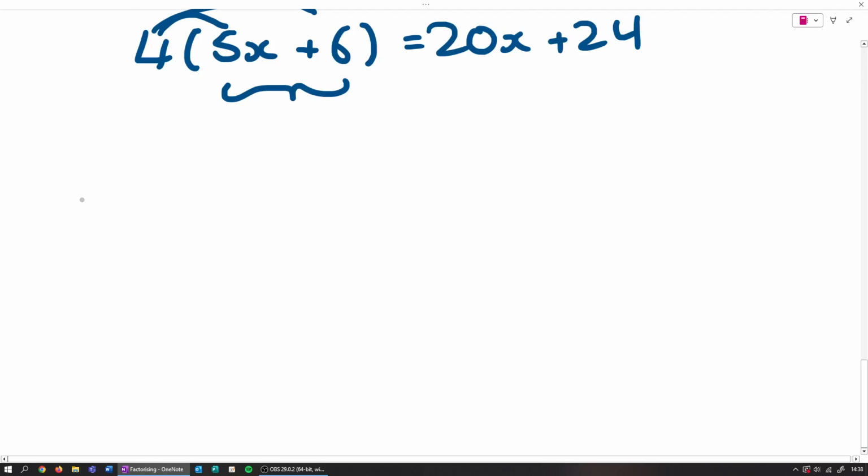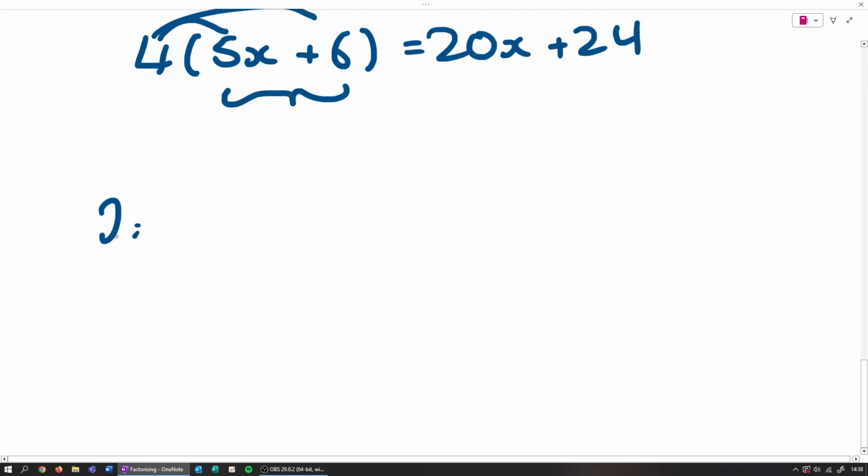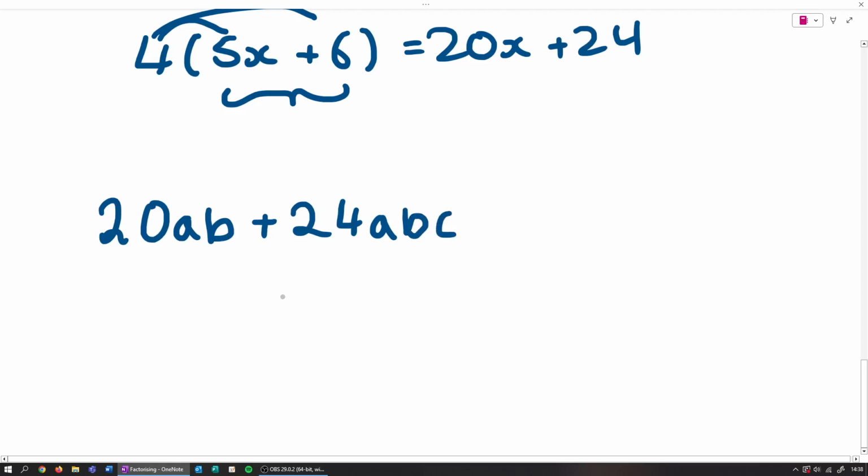For instance, let's have a look at this previous example with the 20 and the 24. 20AB plus 24ABC. Okay, so we know the highest numerical common factor that we have was 4.